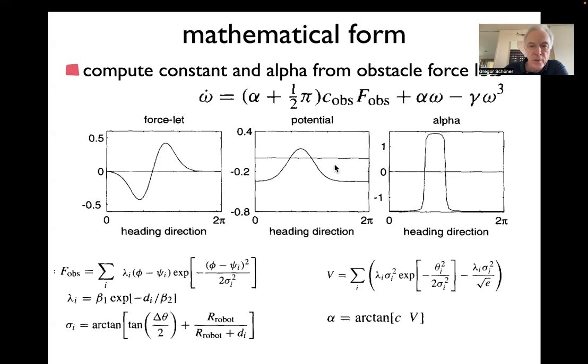If I take this potential and take the derivative of that with respect to heading direction, then I get that, right? Initially, the slope, it's minus the derivative of that. So if it's increasing, that means a negative here, and then it's 0 here on top, and then decreasing, minus of that gives you a positive value here.